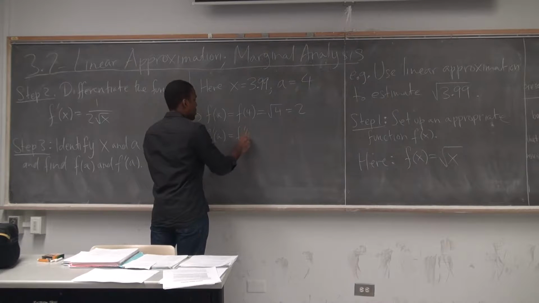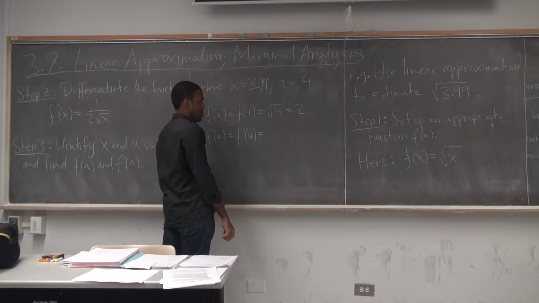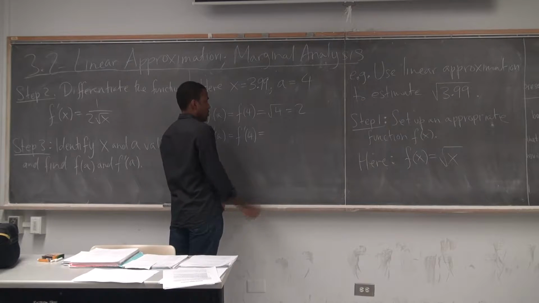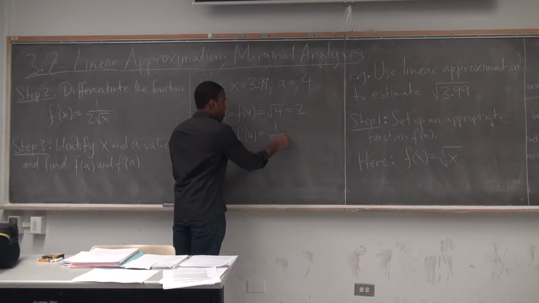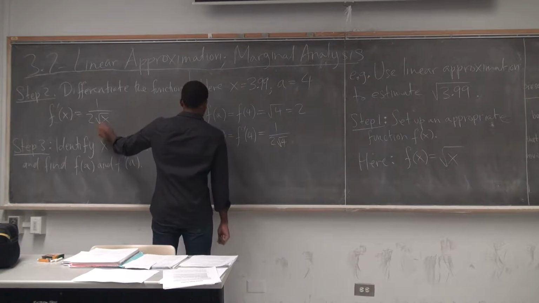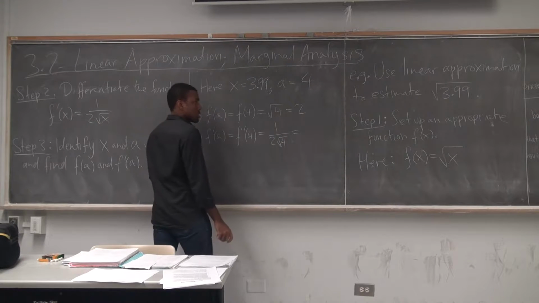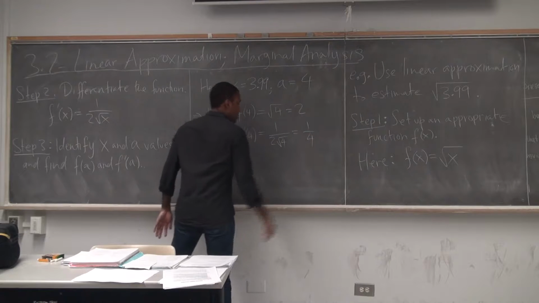That's just f prime of 4. One over 2 radical 4, right? Because I know my derivative is 1 over 2 radical x, and I'm plugging in a, which is 4, so it gives me 1 over 4. Right?